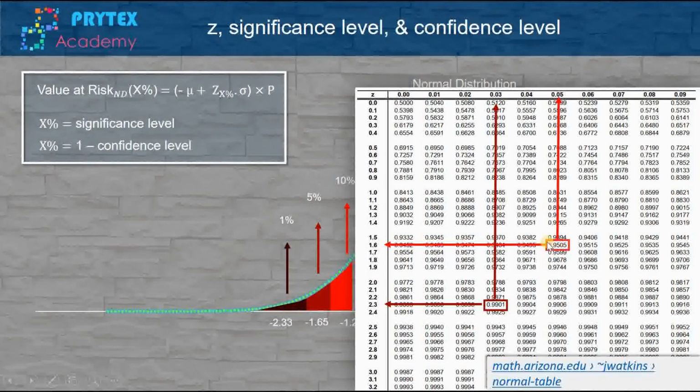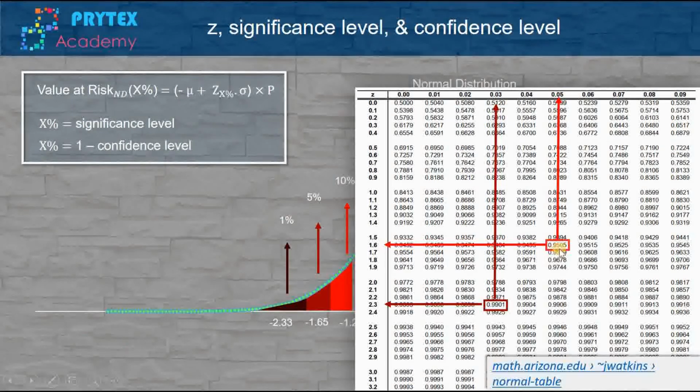How do we do that? We see what's the z value here. It's 1.6, and we see what's the decimal z value here. So we add up these two terms, 1.6 and 0.05, and after adding we get 1.65.